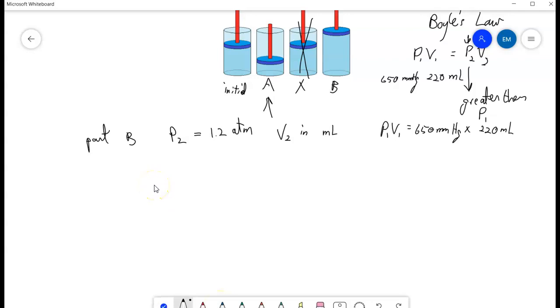So what do we do with pressure 2? We need both pressures in the same unit.